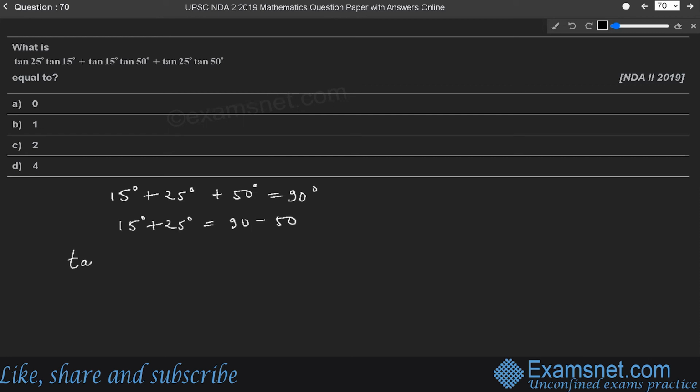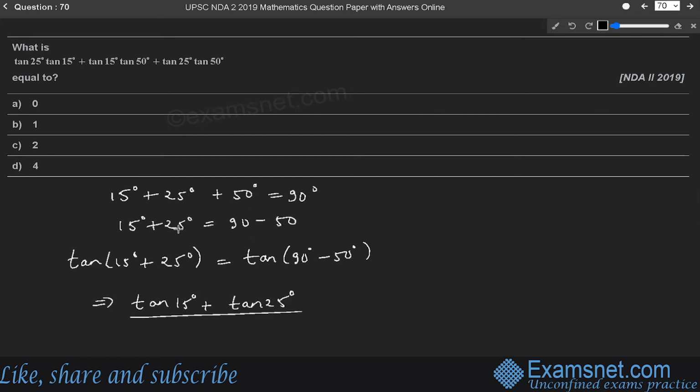So, tan (15 degree plus 25 degree) will be equal to tan (90 degree minus 50 degree). Therefore, we can write it as tan 15 degree plus tan 25 degree divided by 1 minus tan 15 degree into tan 25 degree is equal to cot 50 degree.